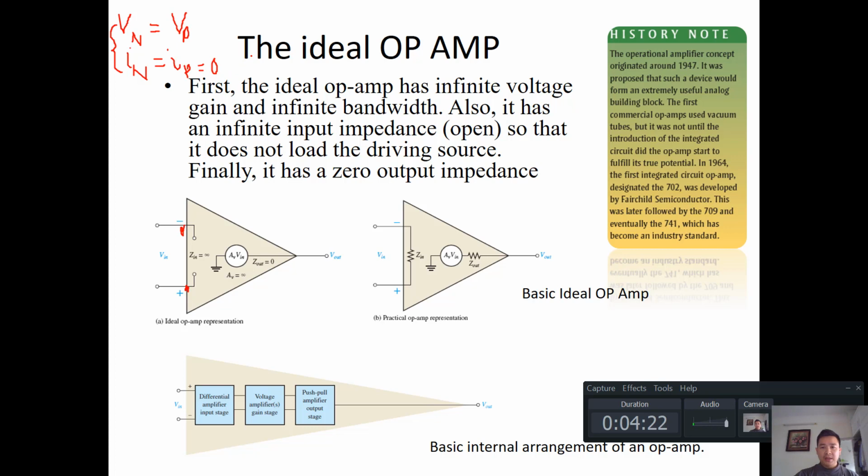And second, the input impedance of the OA is very high, or infinite, and the output impedance is zero. The input impedance is very high and the output impedance is very small. Those are the two main characteristics of the OA.